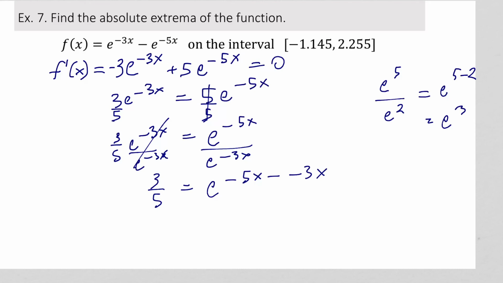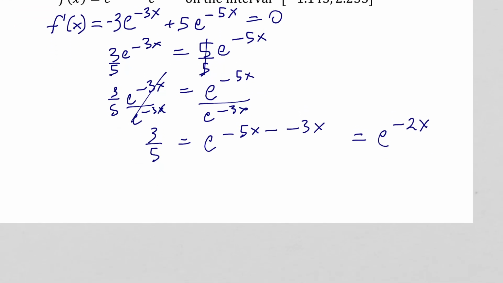Same idea. So now I've got that's equal to e to the negative 5x plus 3x, e to the negative 2x. Now to solve that, I would take the natural log of both sides to undo the e, so I can get the x out of there.